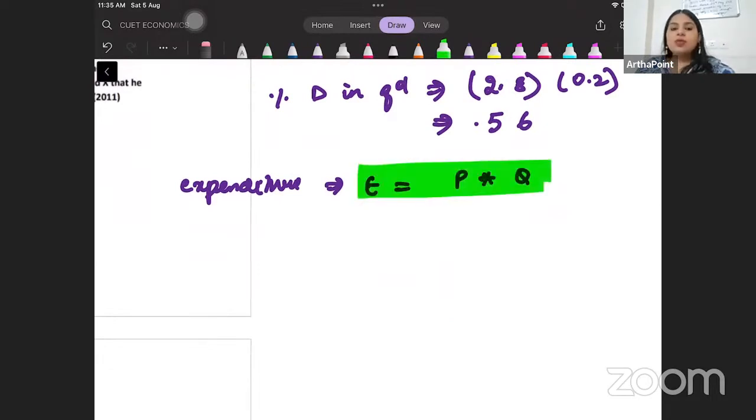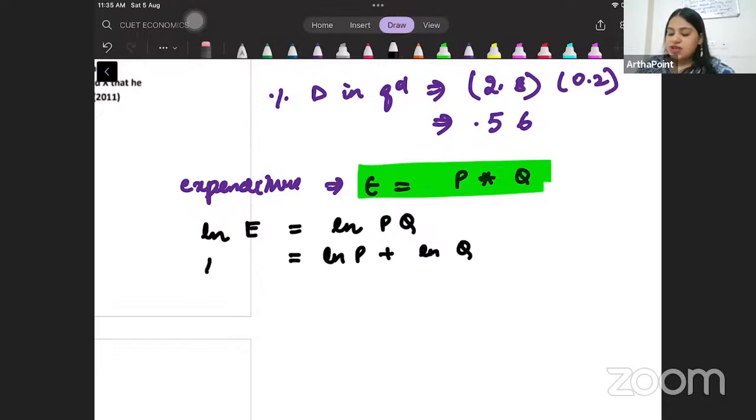Okay. So if I have to find percentage change in anything, I must take log on both sides. Pay attention. So ln E, if I take log on both sides, will be ln PQ. Now ln PQ is nothing but ln P plus ln Q. This is ln E. Now I need to find out in terms of percentage.